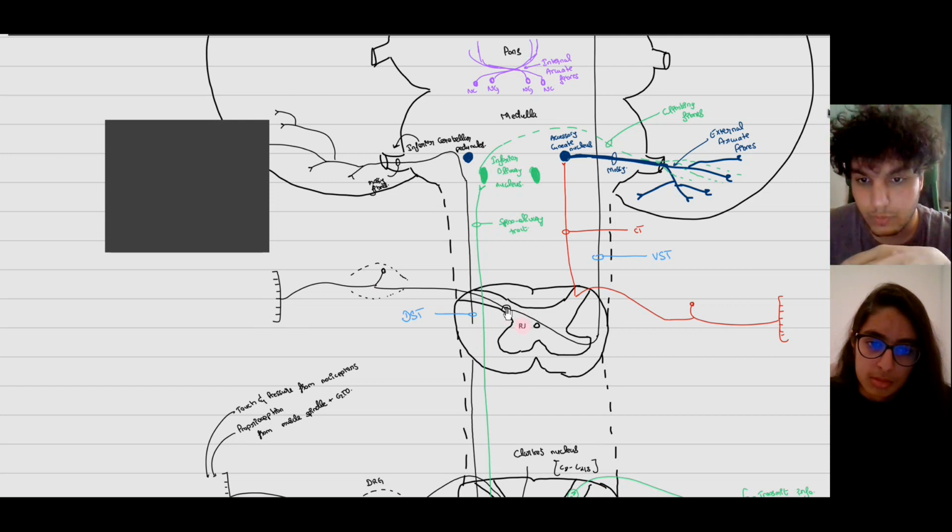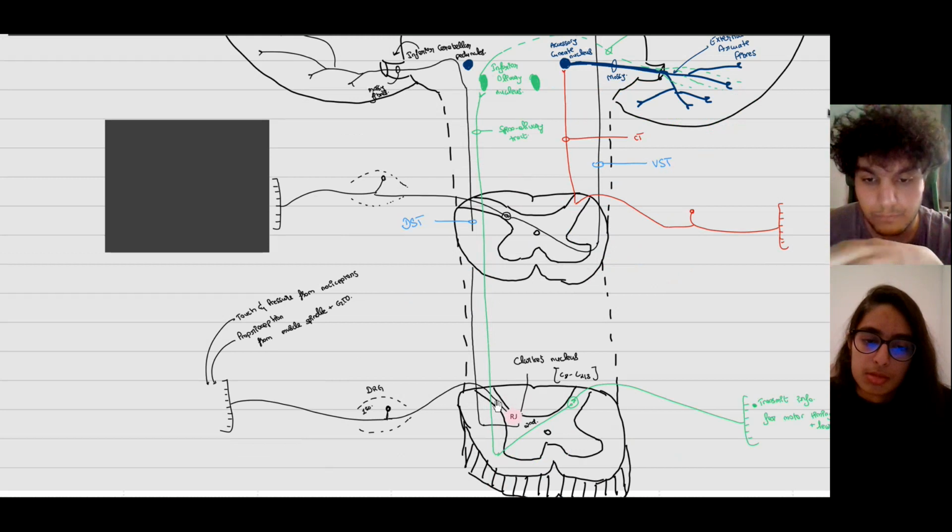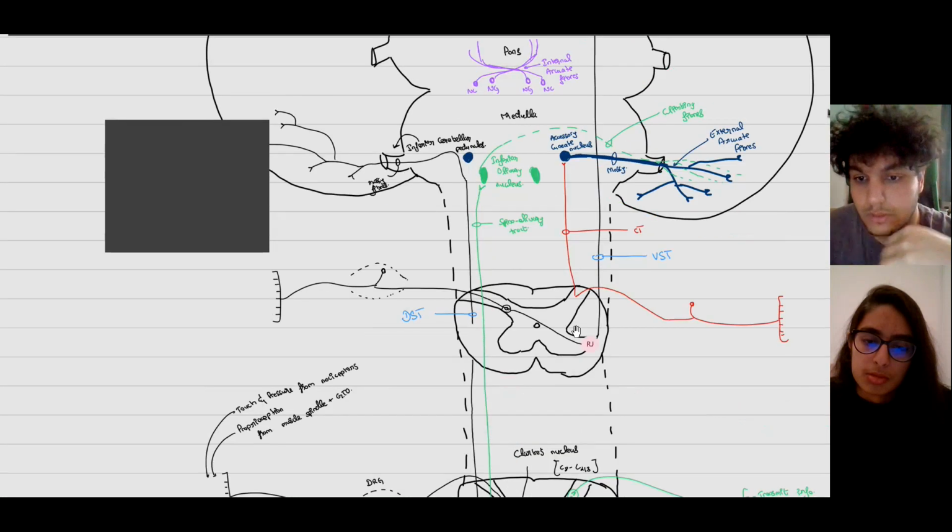This nucleus, the second order neuron, then crosses over to the other side of the anterior part of the spinal cord, right? Remember how we mentioned that the dorsal tract was running on the dorsal or posterior part of the spinal cord. This one crosses over to the anterior side and then ascends upwards. That's why it's called the anterior or ventral spinocerebellar tract.